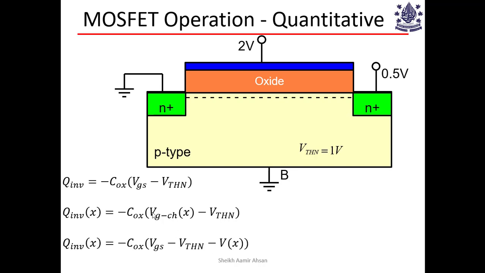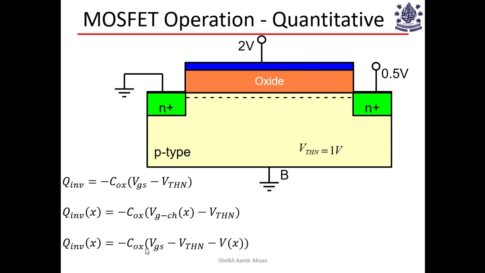And how can we rewrite this thing? So V_G channel is VGS, right? The gate voltage with respect to ground minus the channel voltage with respect to ground. Now both of these quantities are with respect to ground. So VGS minus V channel, right? So this is how you rewrite this thing.